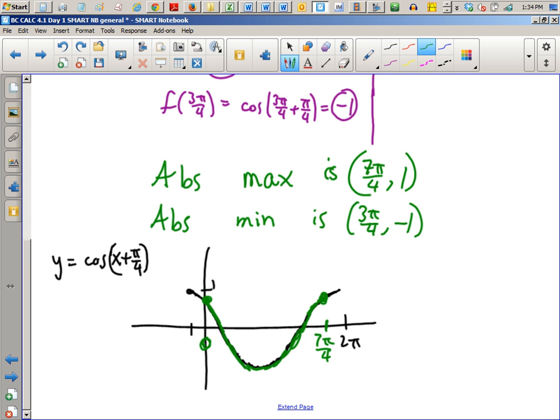Where are the absolute maxima? Did I do this right? Hold on. This point is a little bit higher than the other one. Where's the absolute maximum? 7 pi over 4, 1. See what I mean? My mistake is in the graphing here.